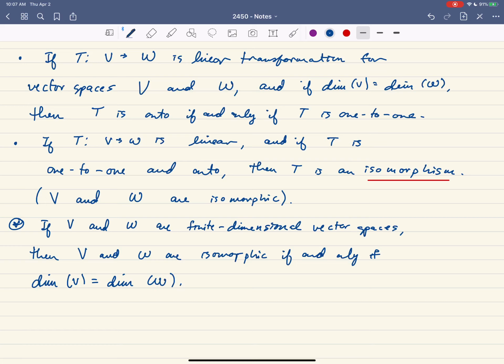Okay, and so that is everything I wanted to say about the definitions of isomorphisms, so one-to-one and onto linear transformations.